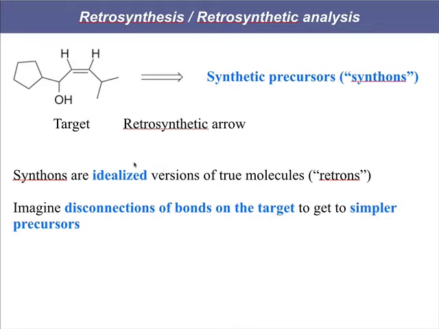But just imagine that synthons are idealized disconnections from our target that give us simple precursors. And from these idealized synthons, we're going to come up with some real molecules that mimic those idealized things. So, for example, here's the way that I would start doing a retrosynthesis on this target.